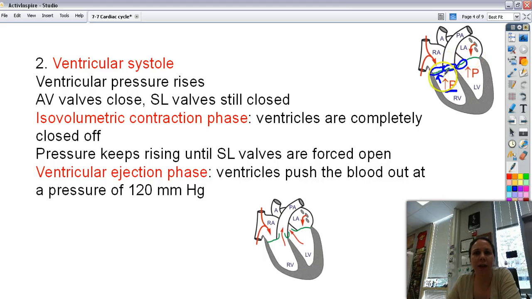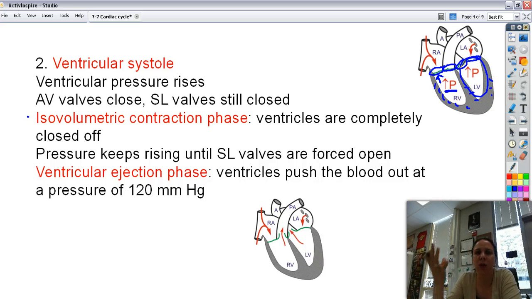And the SL valves, the semilunar valves, are still closed. So that closed off container is what causes the pressure to increase. When both sets of valves are closed, you have what is called the isovolumetric contraction phase, a big fancy word for the ventricles starting to tighten up, but we have a closed container.